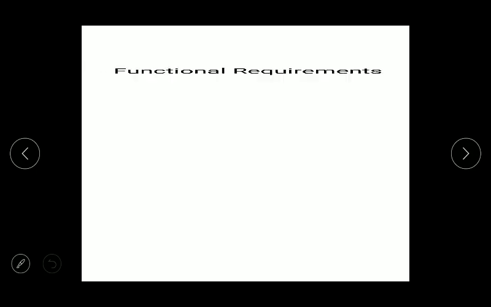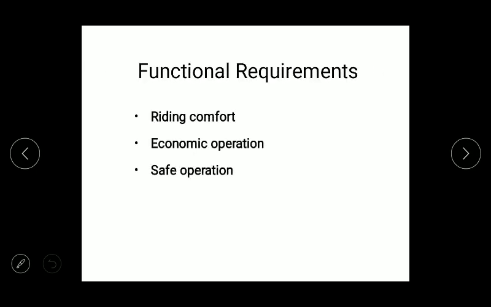Next, coming to the functional requirements. These are the three requirements to be satisfied: first, riding comfort; second, economic operation; and third, safe operation. The pavement should provide good riding quality for the vehicles moving at design speed throughout its service life.